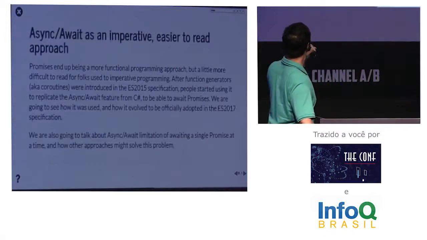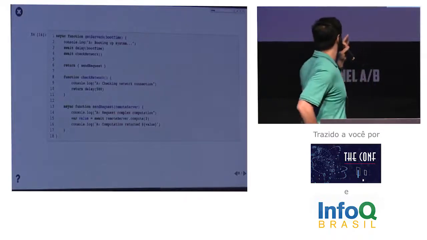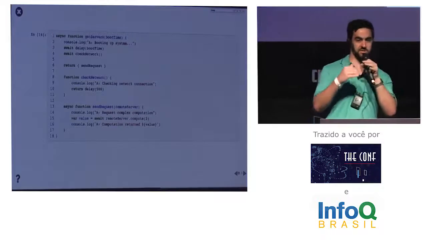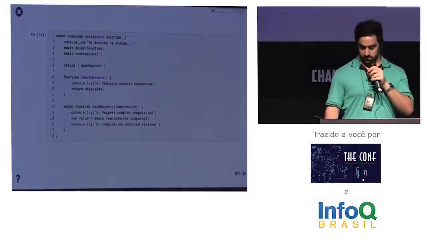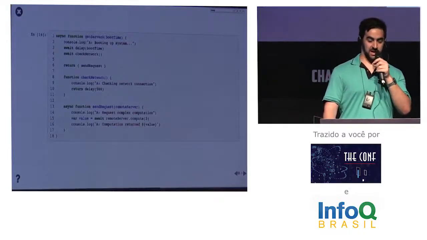And notice this is a far more imperative way of programming. You state each sequence of action, and Node just waits for it to finish its stuff, and then it gets back to doing the next step.